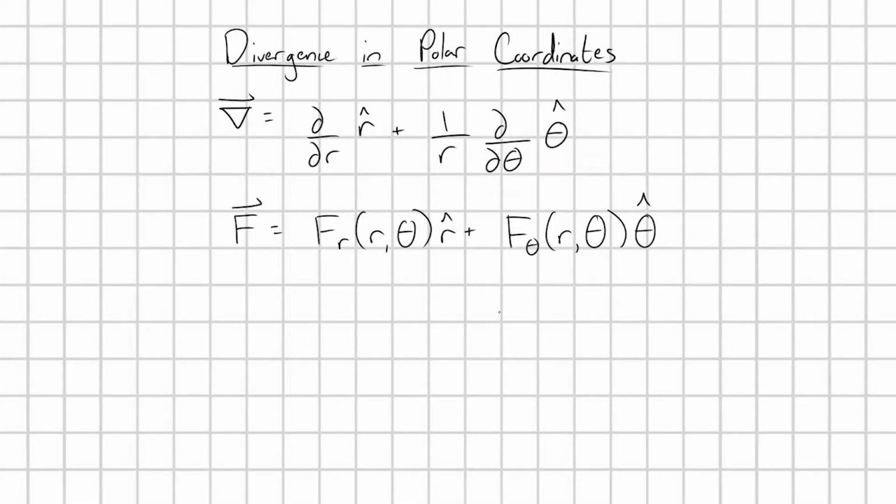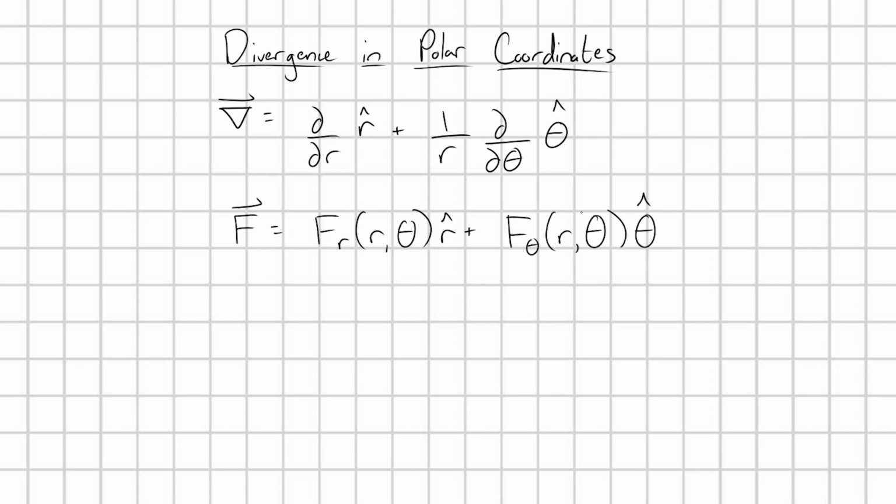Alright, so let's use this definition to calculate what divergence looks like in polar coordinates. We already found this nabla operator in the last video, and we have some arbitrary vector field here, written in terms of some r component, which I'm calling F_r. This is some function of your coordinates r and theta, and it points in the r hat direction, plus some theta component of your vector field, F_theta.